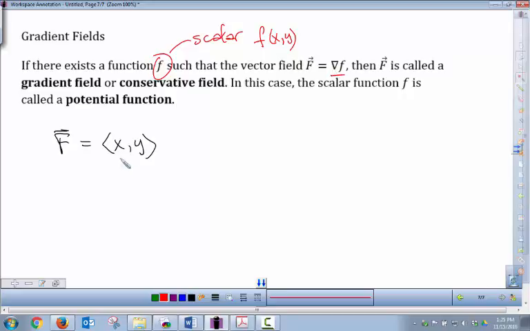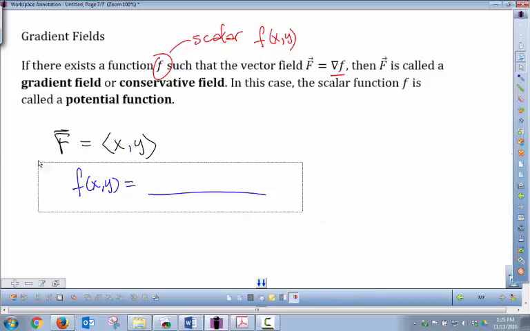So if we take this example, x comma y, can we think of a function of xy, a scalar function, not a vector, right, a scalar function, so that when we take the derivative, it's equal to this.